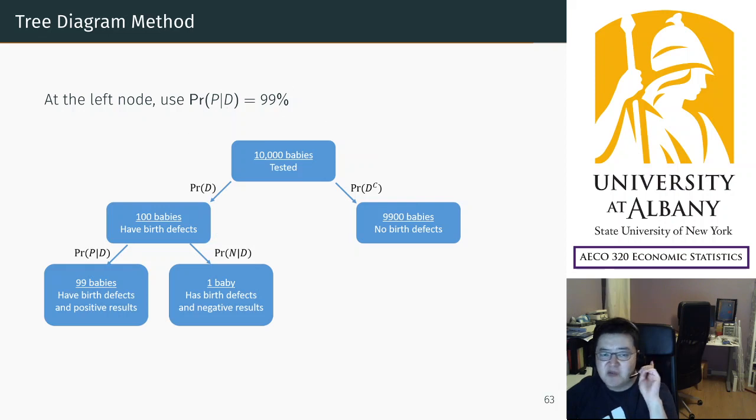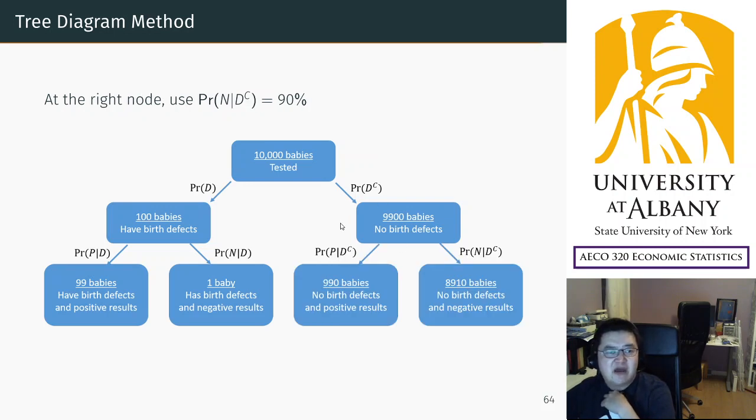And remember, we are using this conditional probability given birth defects, because we know that already 100 babies do have birth defects. So that is the information we have, and that's the event that already happened. So we have to use that information in assigning the probabilities.